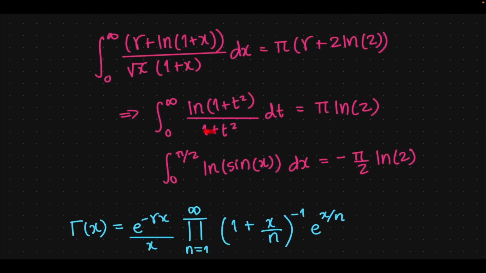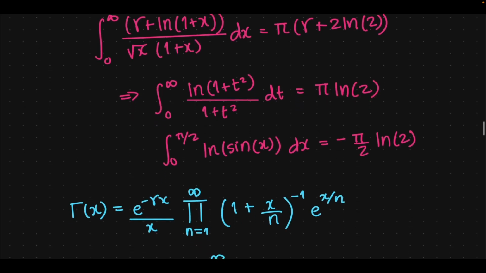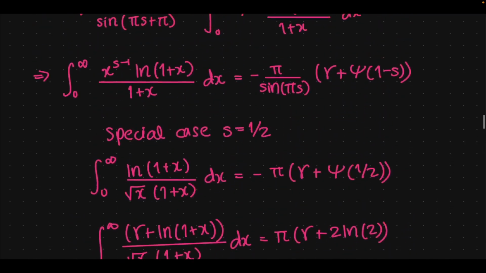With the substitution, this becomes the integral 0 to infinity natural log of 1 plus t squared over 1 plus t squared dt, which turns out to be pi times natural log of 2. And also, this is equivalent to the integral 0 to pi over 2 natural log of sine x dx, which is just minus pi over 2 natural log of 2. So that's the sanity check for this general result that we had.